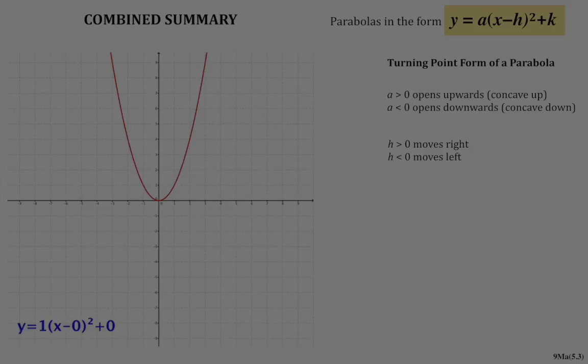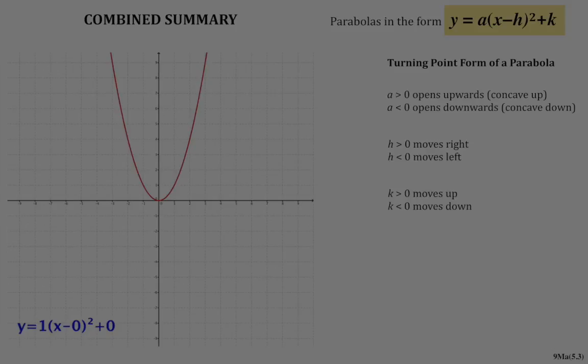If inside the bracket you've got a minus followed by a number, we know that it's going to move the whole thing right. If in the bracket there is a plus followed by a number, like plus 3, that means the whole thing is moved left 3 units. It's always moved the opposite direction to the plus or minus in the bracket.